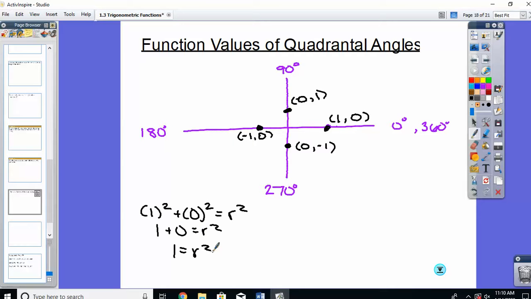If I did this one, 0 squared plus 1 squared equals r squared, what's your r? 1. -1 squared plus 0 squared equals r squared. You would get r to be 1. 0 squared and -1 squared, r is going to be 1. So the nice thing about it, if we pick these points, in every one of these scenarios, r is 1.